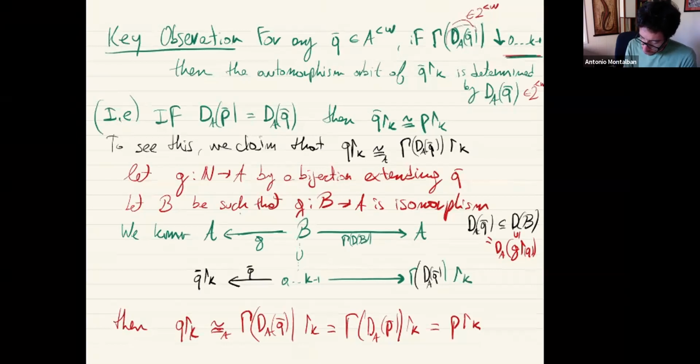If you have a tuple, and we use the diagram of the tuple as an initial segment of the oracle of gamma, and we see how much it converges, and it converges on the first K elements, then the automorphism orbit of that tuple up to K is completely determined by the diagram of that tuple, in the sense that any other tuple with the same diagram, you're going to get something automorphic.